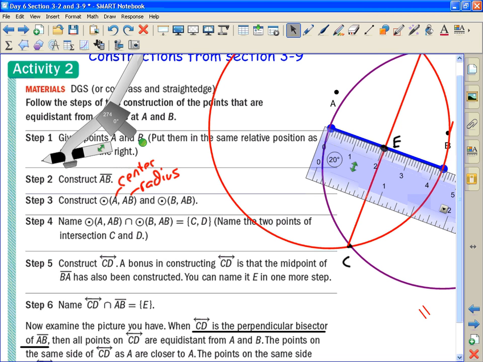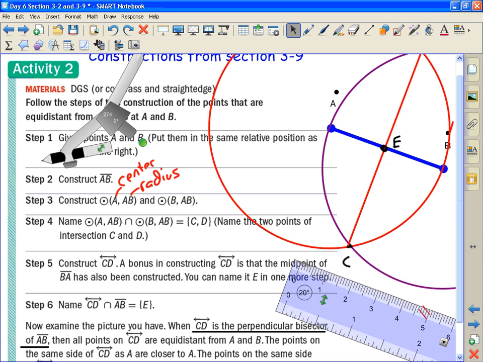Notice the segment I drew is at 2.1, pretty close to being the midpoint. It's the same distance away. Now, as you do your circles, if you can't draw them perfectly, you may be off just a bit. But it should be fairly close to being the midpoint, even if you do it by hand.